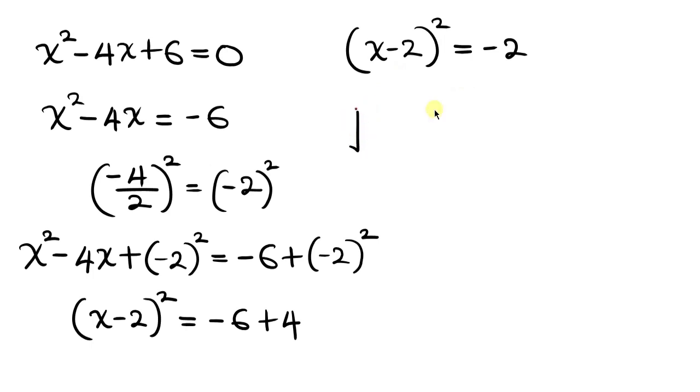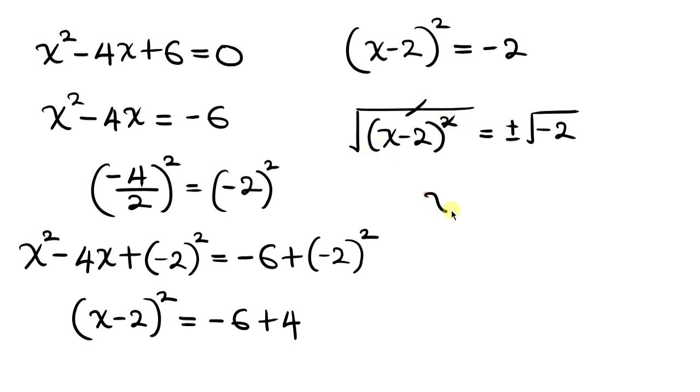So I'll take the square root of the left, which is x minus 2 all squared. I'll also take the square root of the right, but I'll be putting plus or minus the square root of negative 2. Now notice this square root will cancel out the square, leaving behind x minus 2 on the left, equal to plus or minus the square root of negative 2, which is the same as 2 times negative 1.